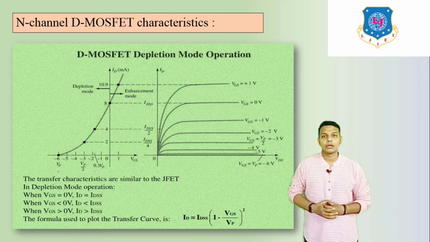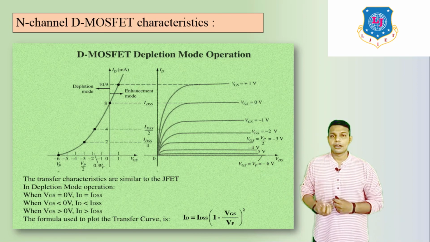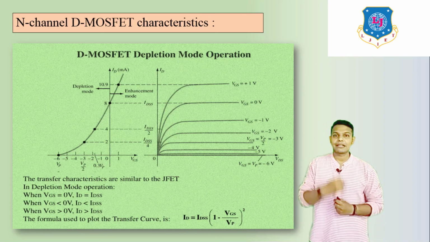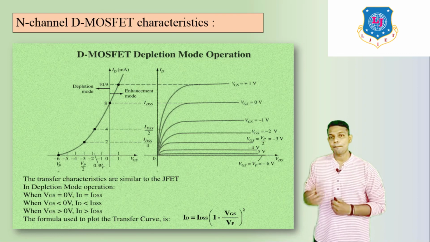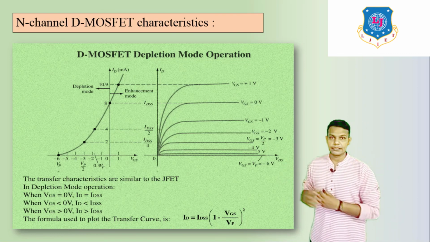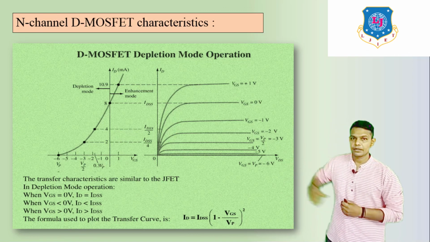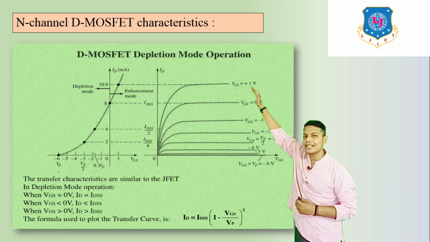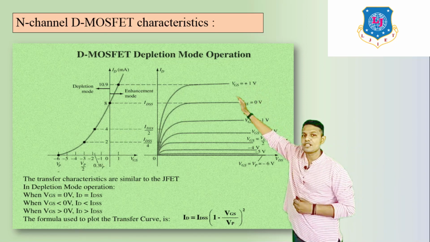Now let us discuss about extra case number 3. If we gonna increase in positive side, then what happens? If we increase VGS in positive manner, that means number of electrons are increased. That means the flow of current is increased. Here we can see if your VGS is equal to +1 volt, at this time your current is maximum.